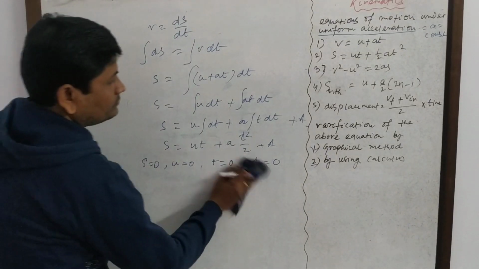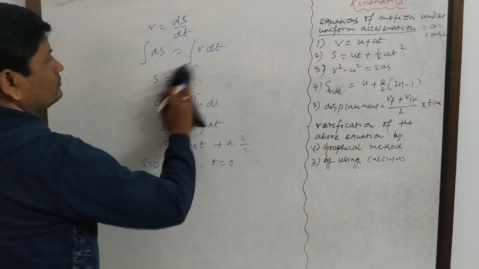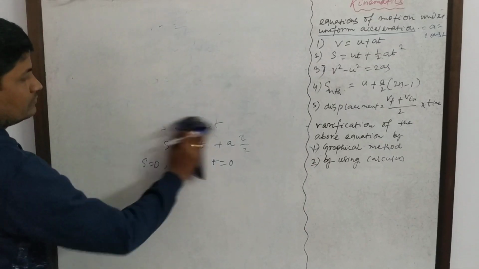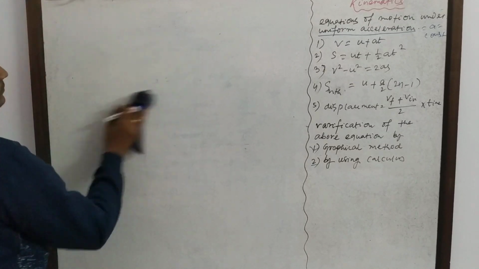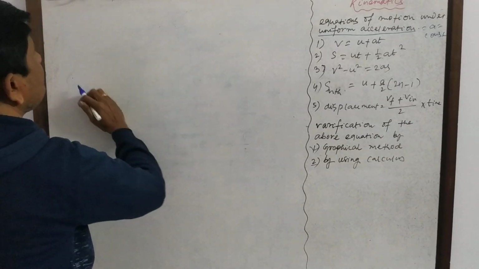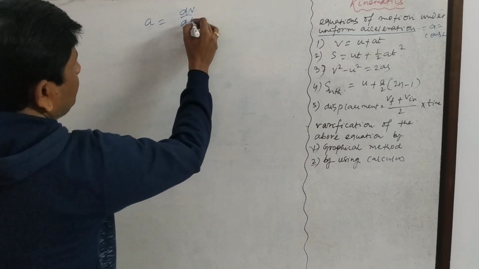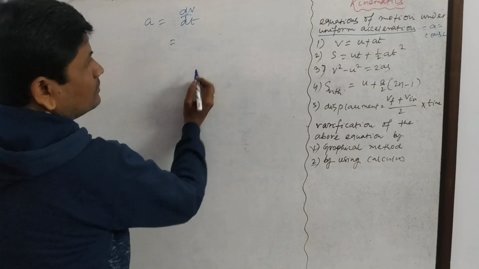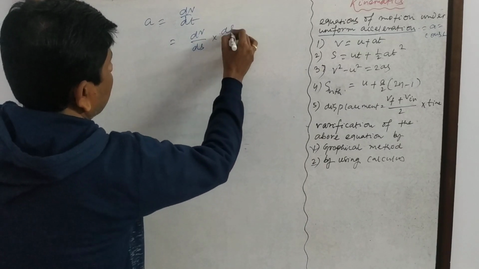Okay, now we know acceleration is equal to dV by dt, that is equal to dV by ds into ds by dt.